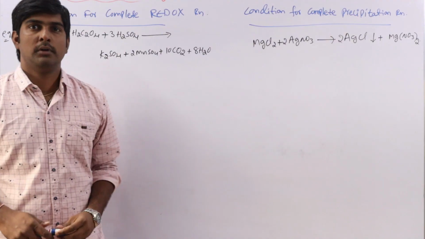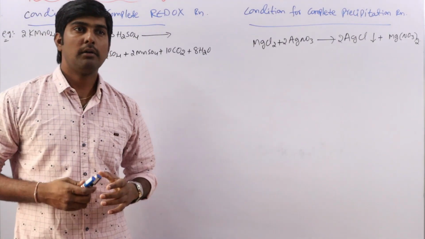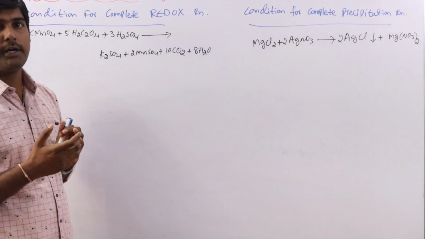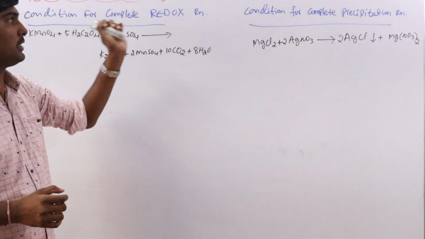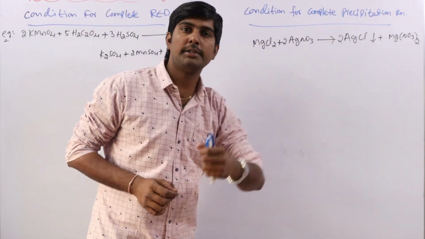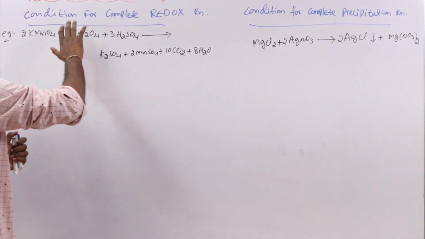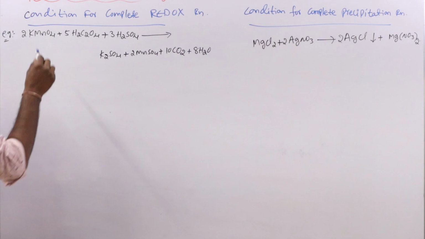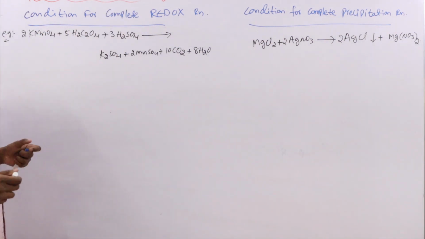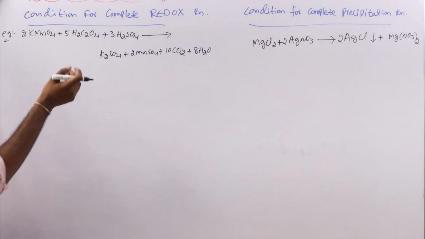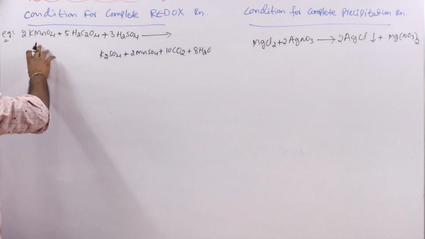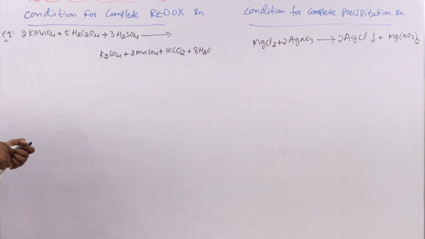Remember this one. Now let us see, similar to the complete neutralization condition, we can discuss this one for the complete redox reaction and for the complete precipitation reaction also. Let us see this one first. Condition for complete redox reaction. What is a redox reaction? In a redox reaction, an oxidizing agent is present as well as a reducing agent is present.